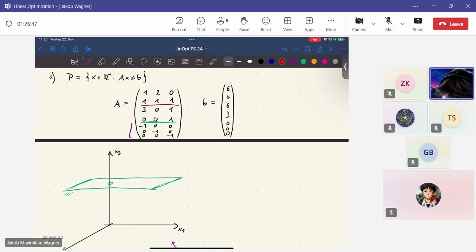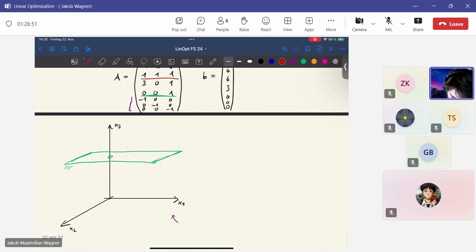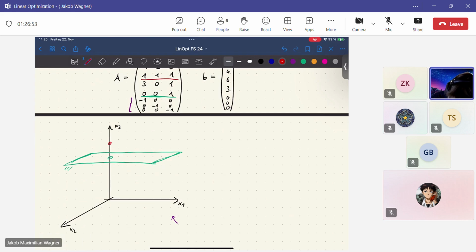Sorry, because we have here a right-hand side 4. This doesn't go through the same point, so we have something like this point, and this point. And this intersects this somewhere here.